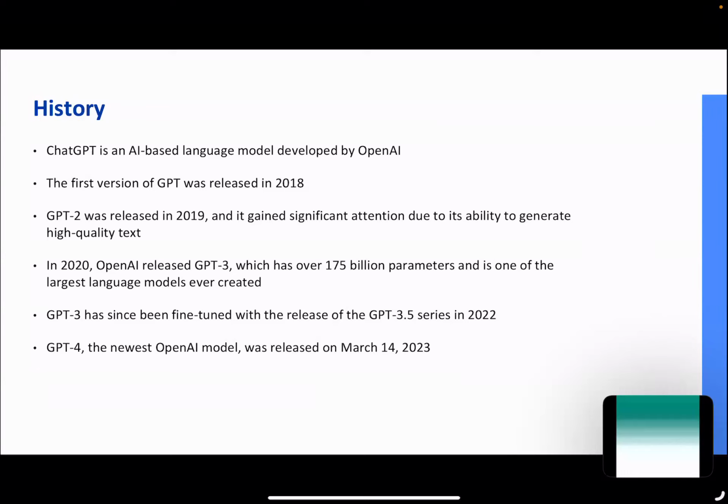And recently, on March 14, 2023, they released ChatGPT version 4, which is more powerful compared to all the previous variants. What they added extra in this variant: in previous variants, we could give input by writing our questions as text, but in ChatGPT 4 we can also provide images as input.